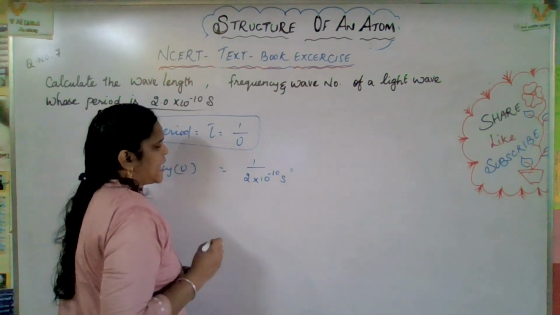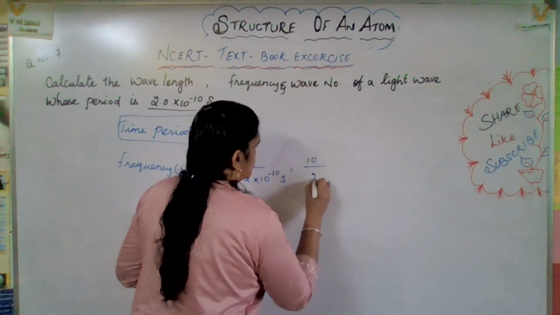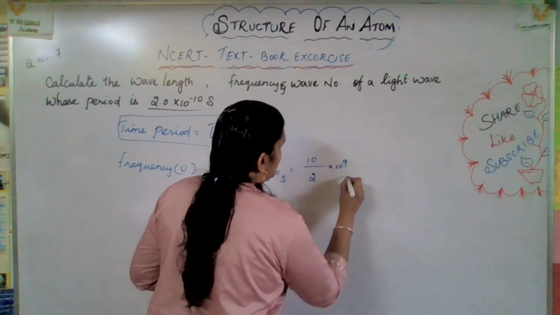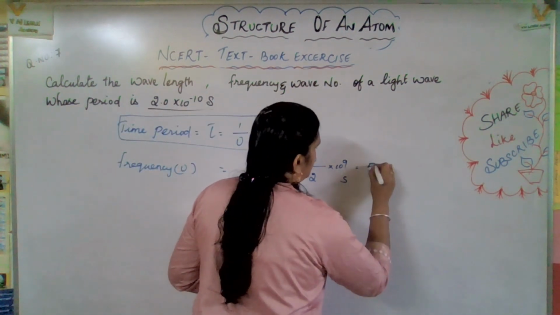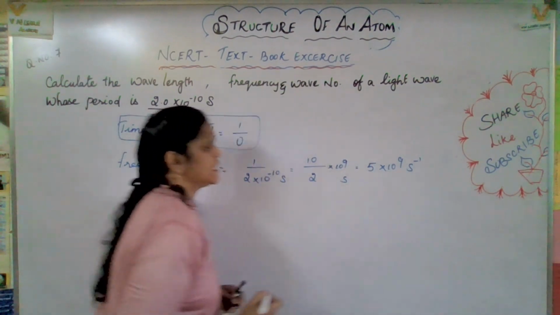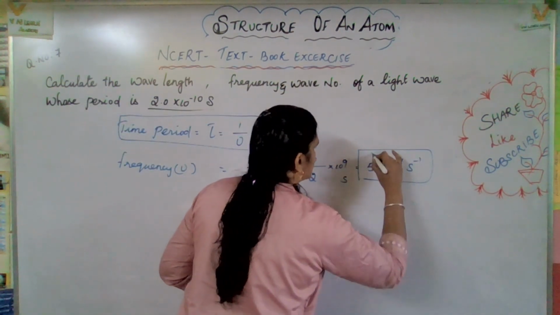Let us calculate: 10 by 2 into 10 to the power of 9 seconds. So you will get 5 into 10 to the power of 9 second inverse. This is the value for frequency.